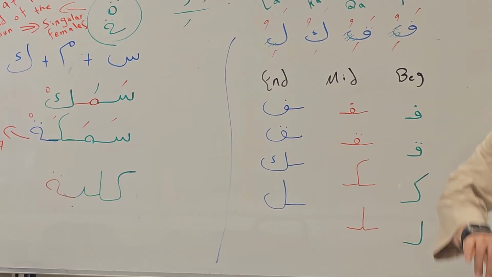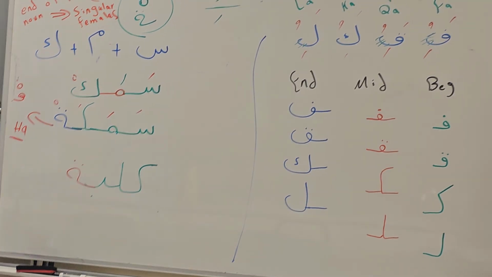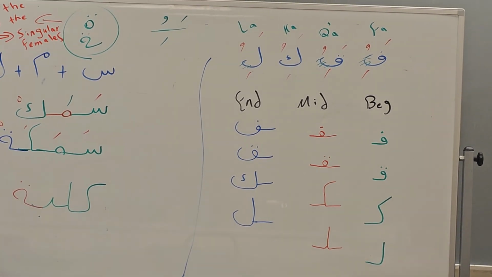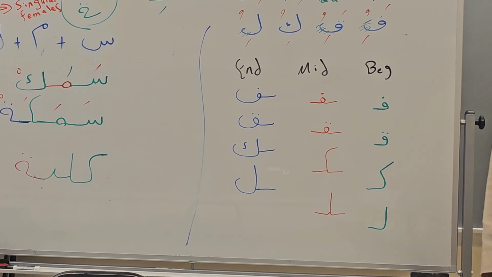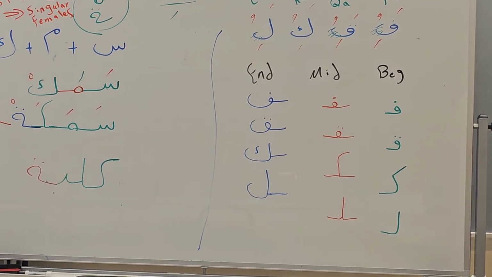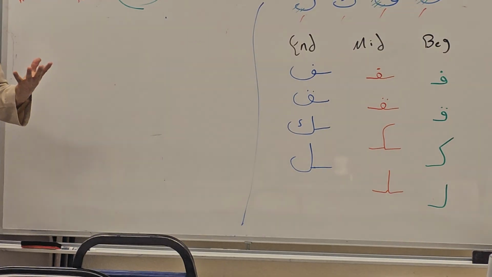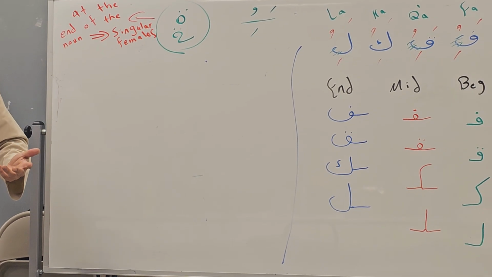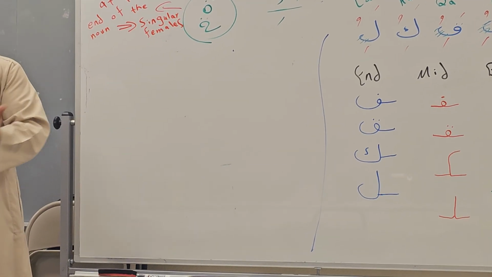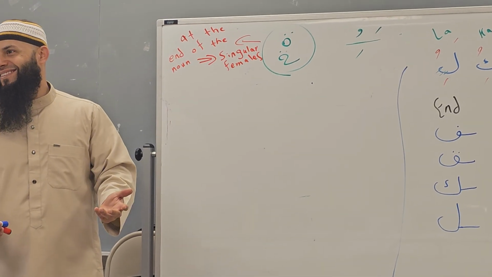With the last example here, we'll finish, inshallah. The noun is originally female. I can't even change it. It comes as a female noun. There's no male version of it.